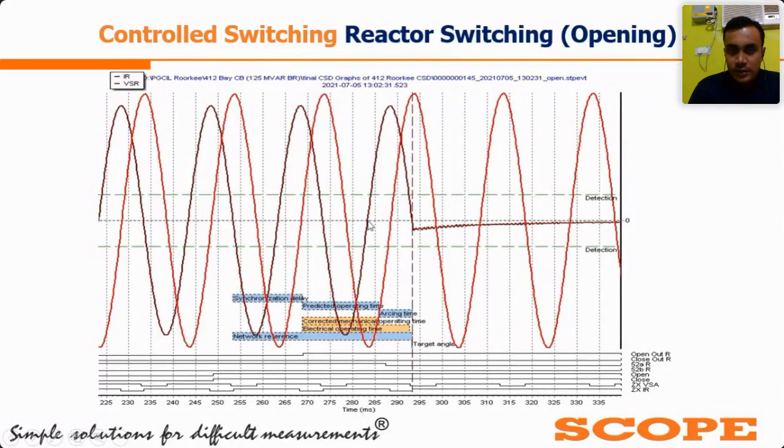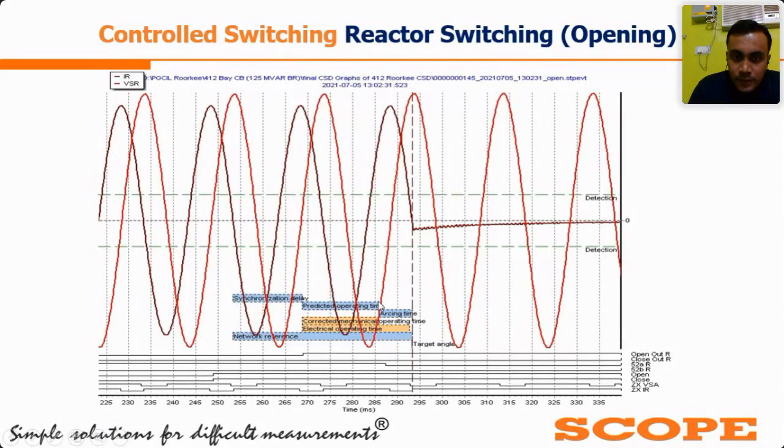It took the opening time. The breaker has been mechanically opened here. You can say its predicted operating time, which the CSD has predicted after the adaptive factor. At this instant, if you can see my cursor, the breaker has been mechanically opened, because it is a practical site graph.